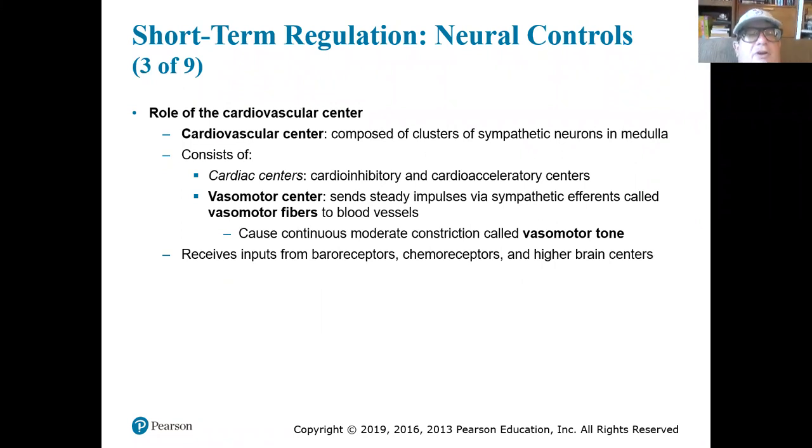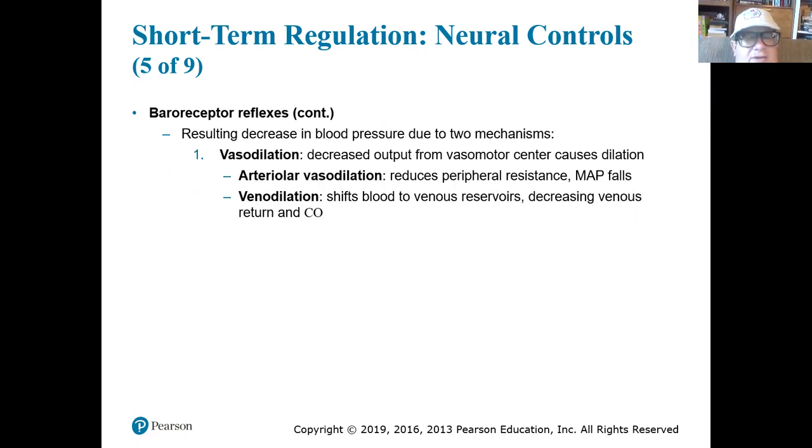All right. Role of the cardiovascular center. Vasomotor centers. We've done that. I thought we were on 44, and that just didn't feel right. So I'm going to back up a little bit.